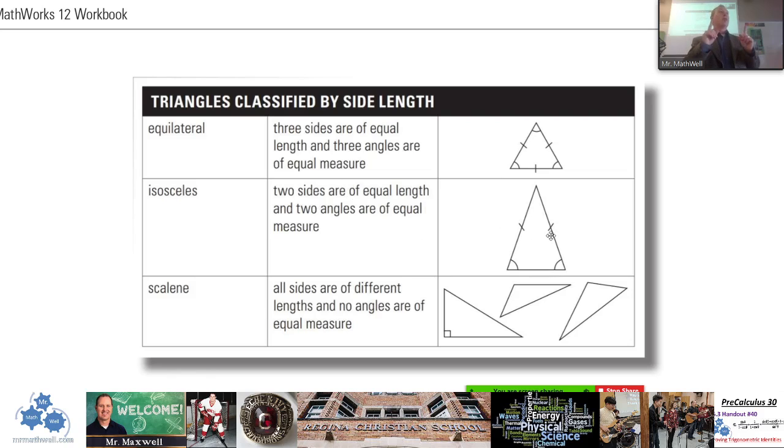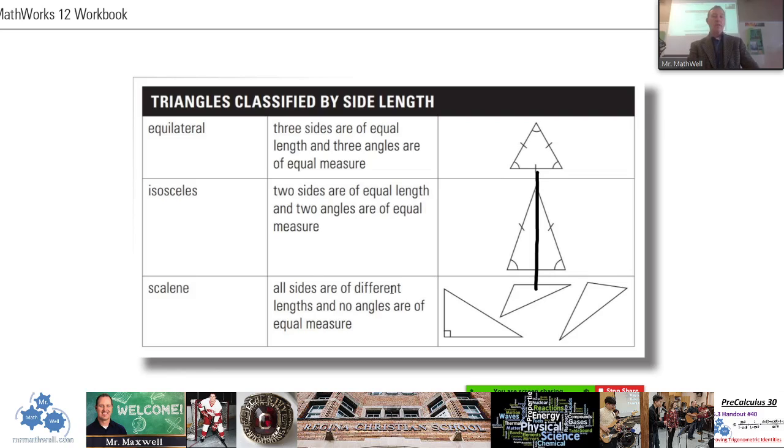Isosceles: two sides the same, and two angles the same. Just two. Consequently, these angles here, two sides the same and two angles the same, will also be identical, okay? And this will be symmetrical if you draw a line through here, the same on both sides. And then this last one, also another funny word, scalene, okay?